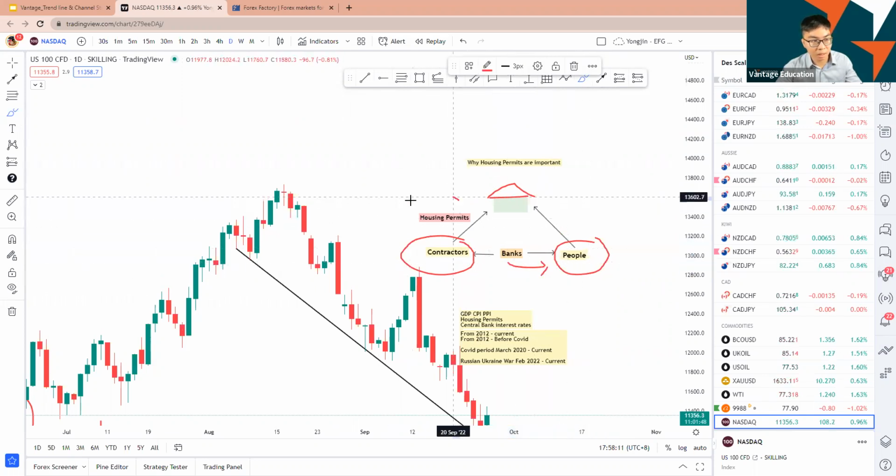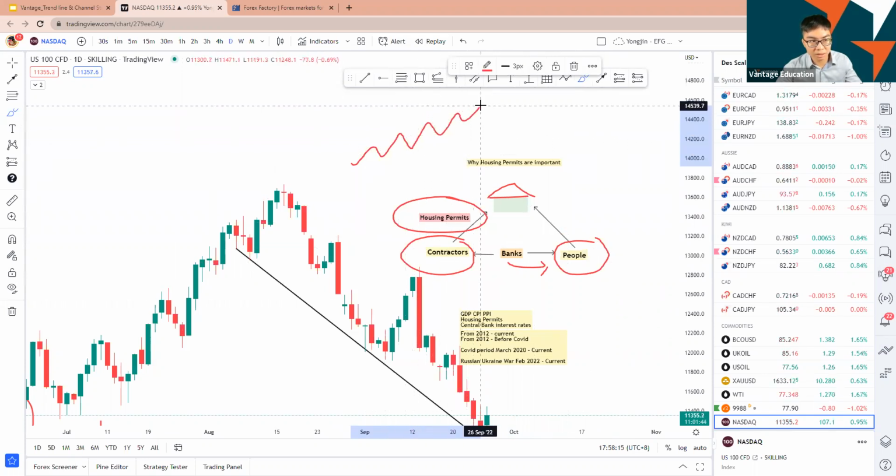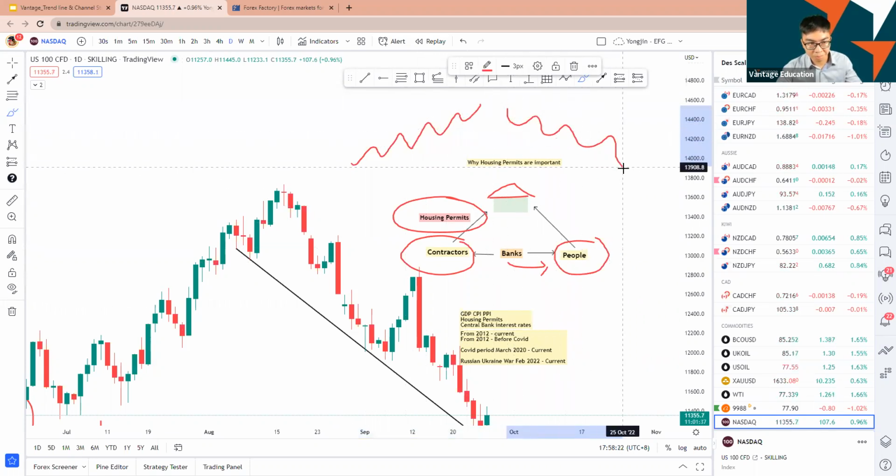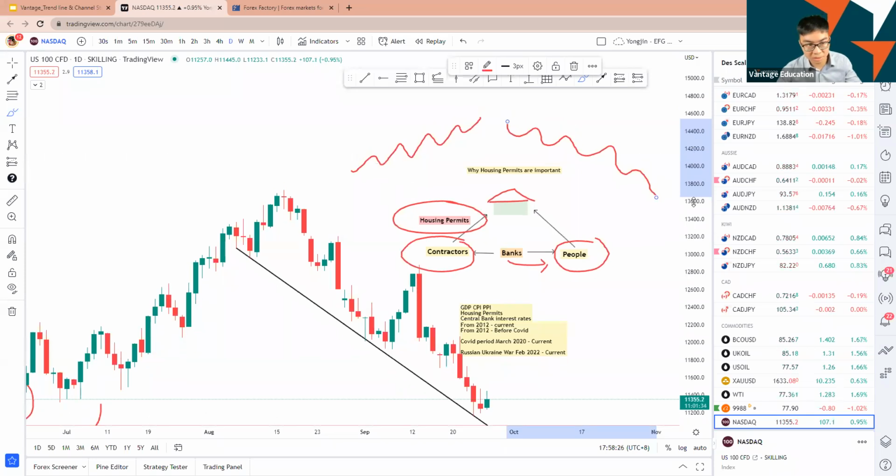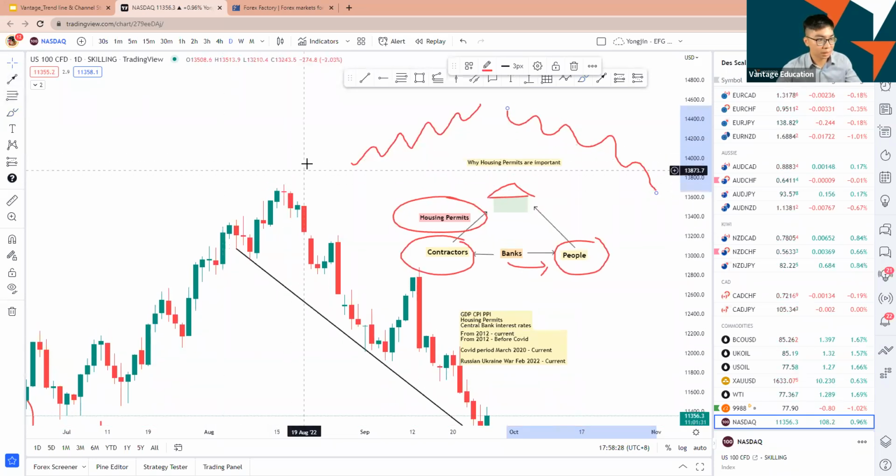How do we see that? Housing permits. If the housing permits start to increase, the banks are more confident of the economy. If you see the housing permits go down, banks are less willing to lend money and they think that the economy is bad. So please screenshot this.